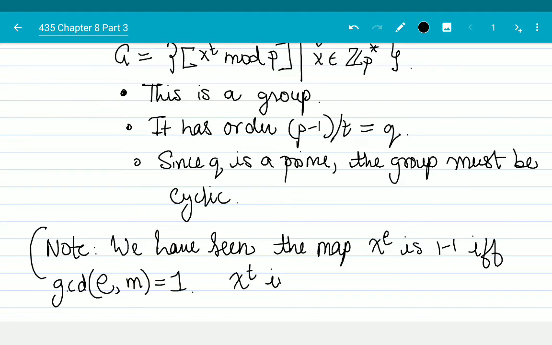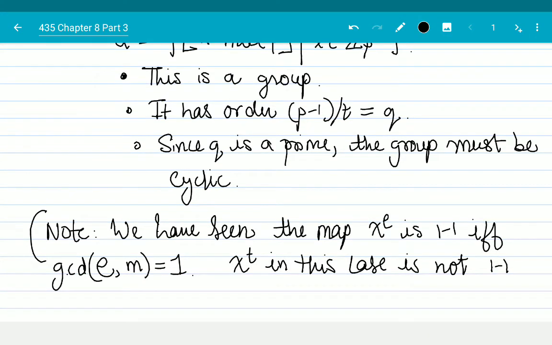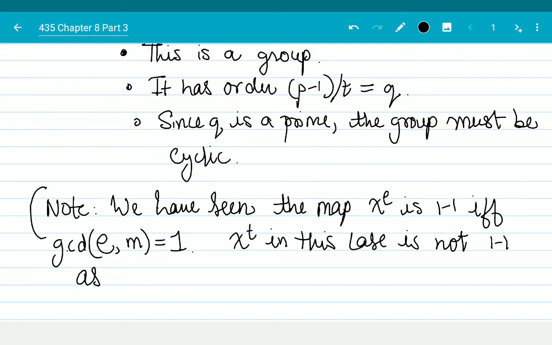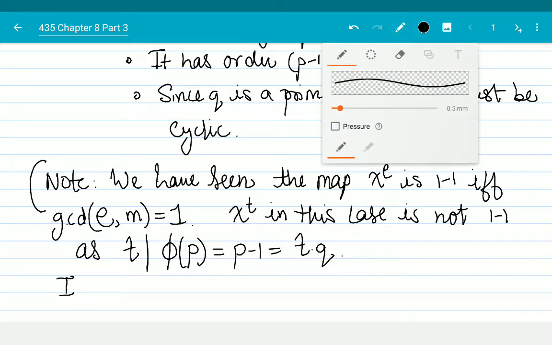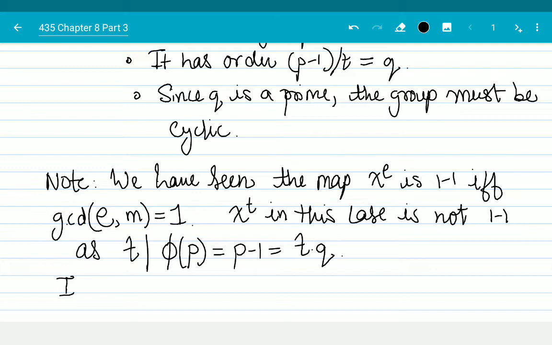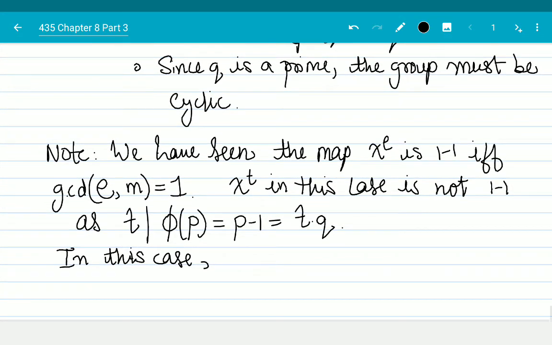X to the t in this case is not one-to-one, as t divides phi of p, which is p minus 1, which is t times q. Now this I'm going to say without proof.